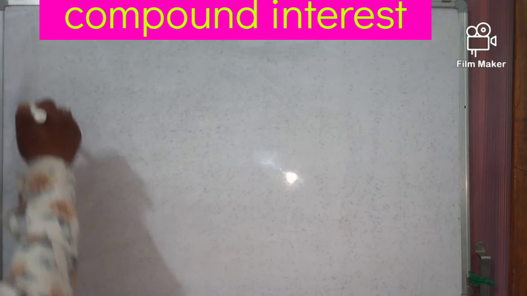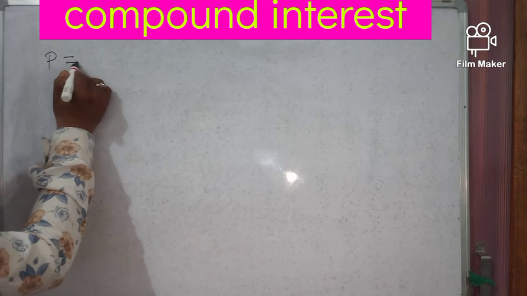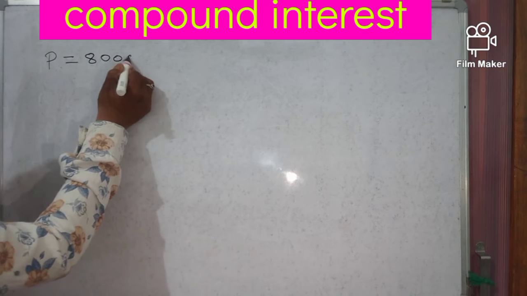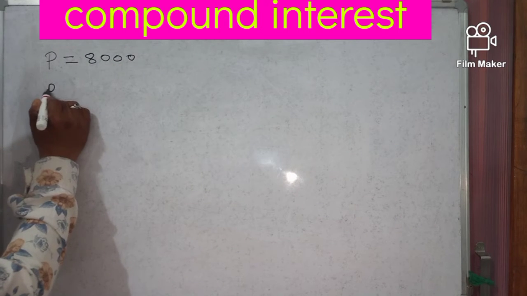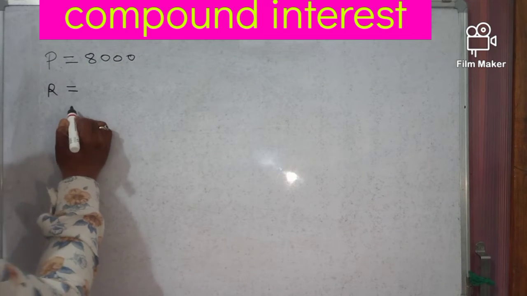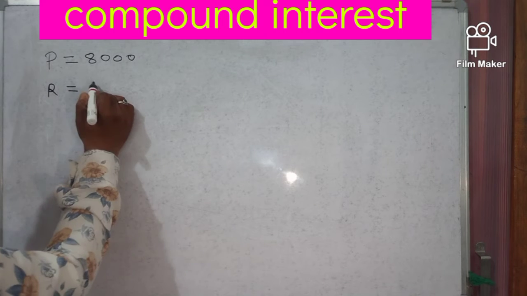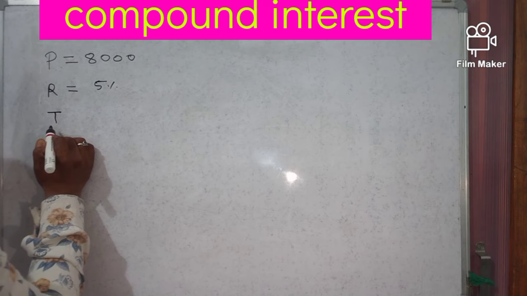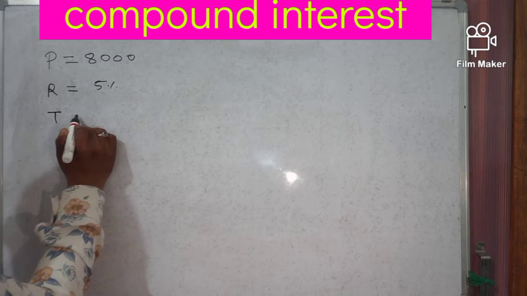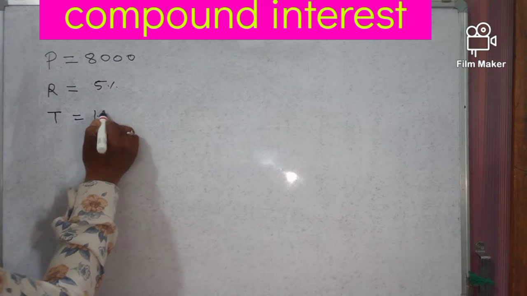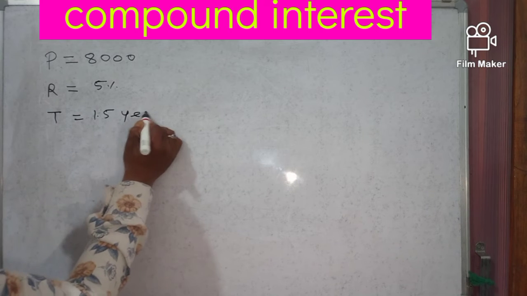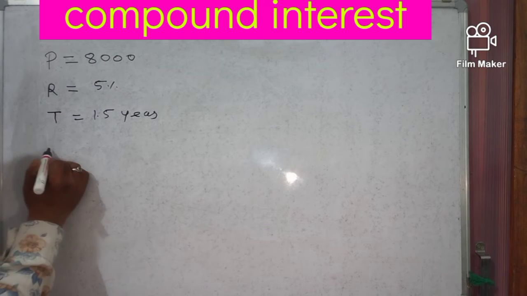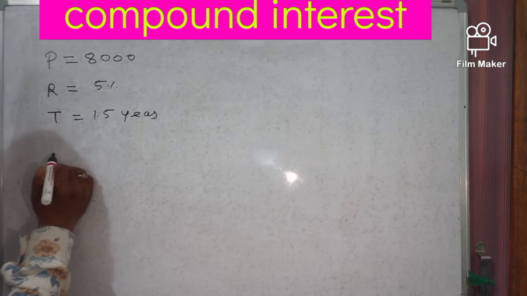So principal is given 8,000. Rate of interest is 5% per annum. Time duration is given 1.5 years, right?